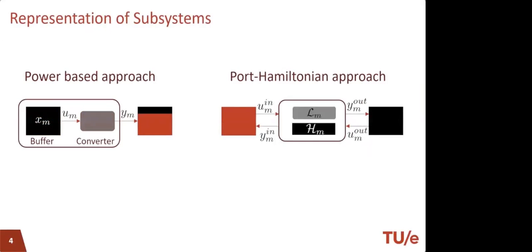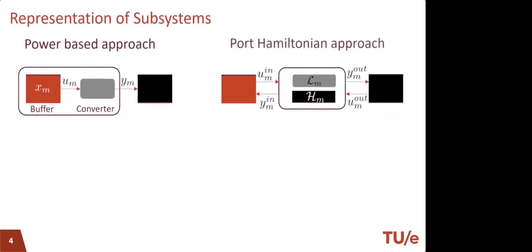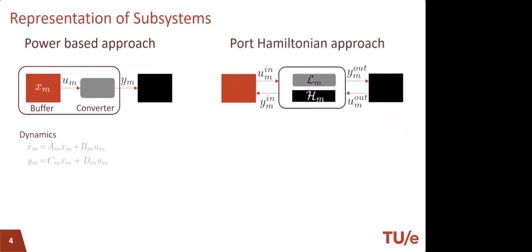A Port Hamiltonian representation introduces the concept of energy losses and internal energy. When energy is transported from the input port to the output port in the subsystem, part of it stays stored internally. Another fraction is dissipated. To be more precise, in a power-based representation, the energy buffer is normally described as a linear dynamical system, and the converter is described as static quadratic nonlinearity.